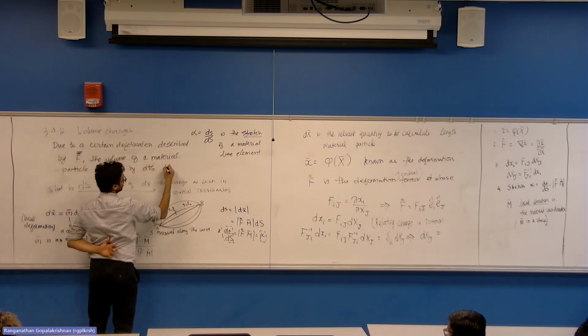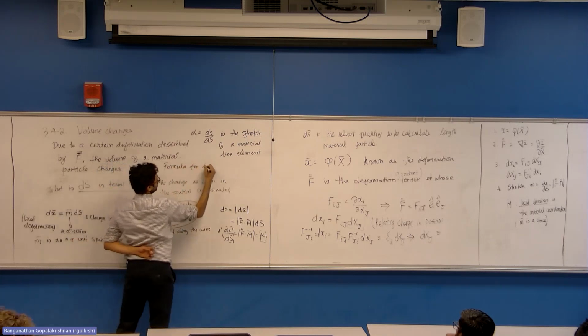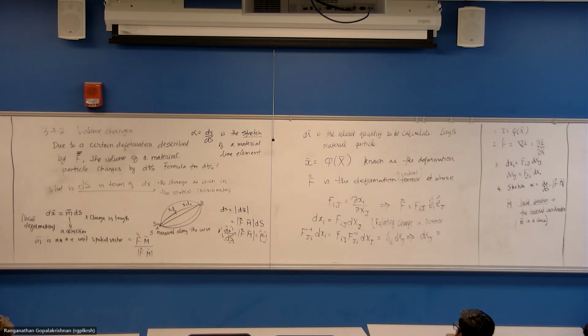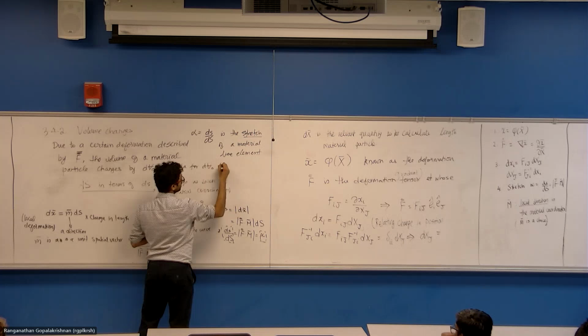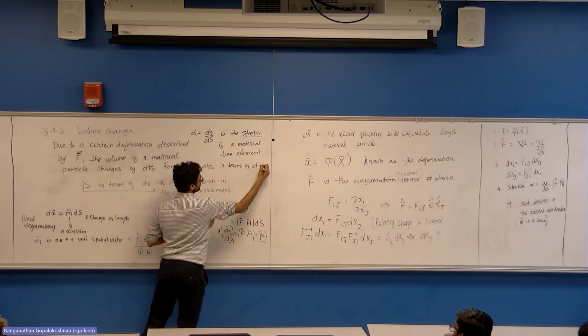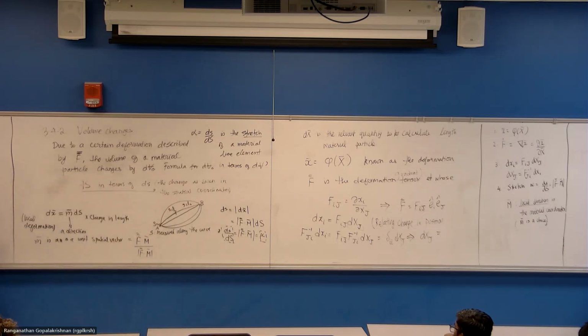We want a formula or a relation for dV naught. That's our goal. Actually, we want a formula for dV naught in terms of dV, just like we did for the change in length.